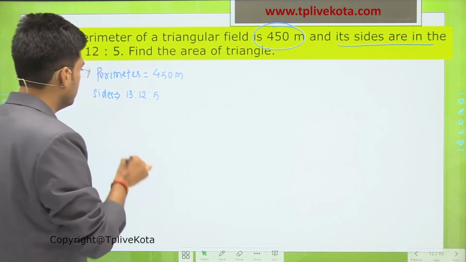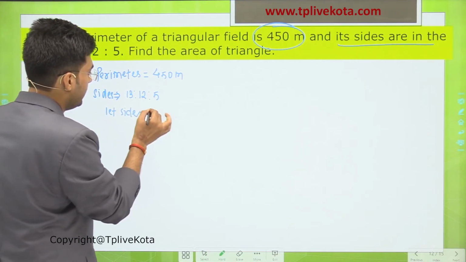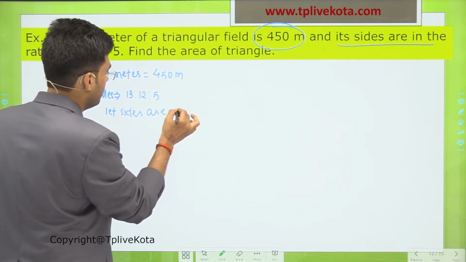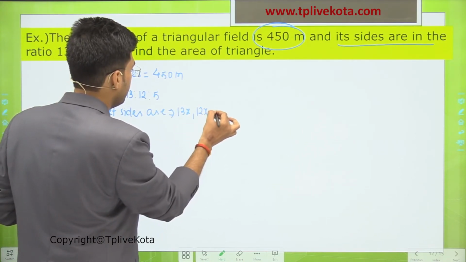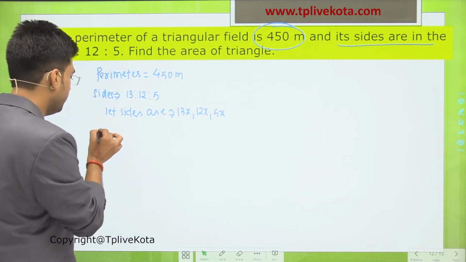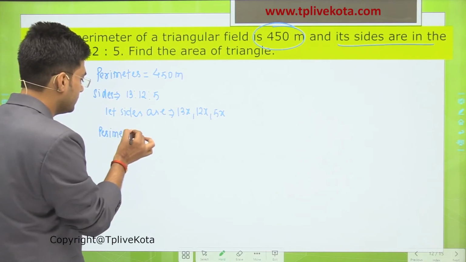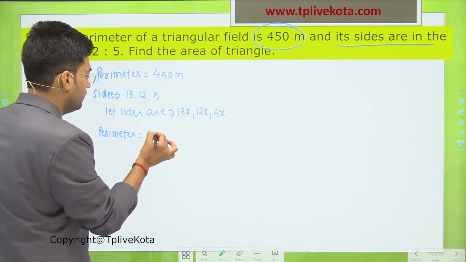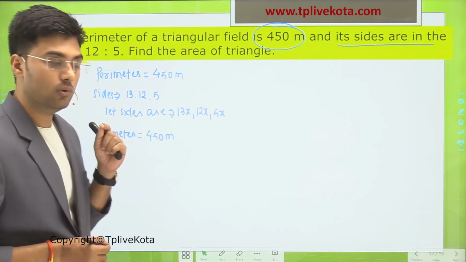Clear? So let the sides be 13x, 12x and 5x. So according to the question, the perimeter is given as 450 meter, and perimeter is the sum of all the sides.